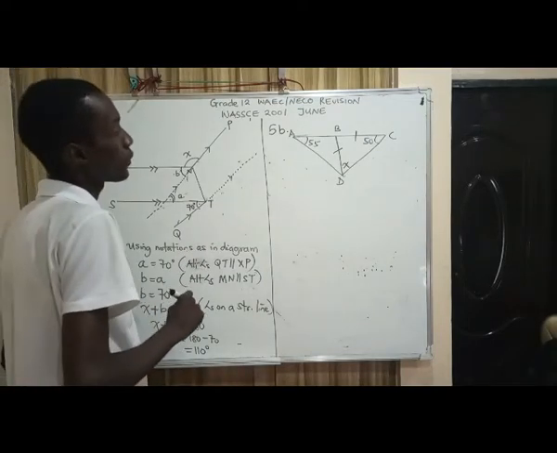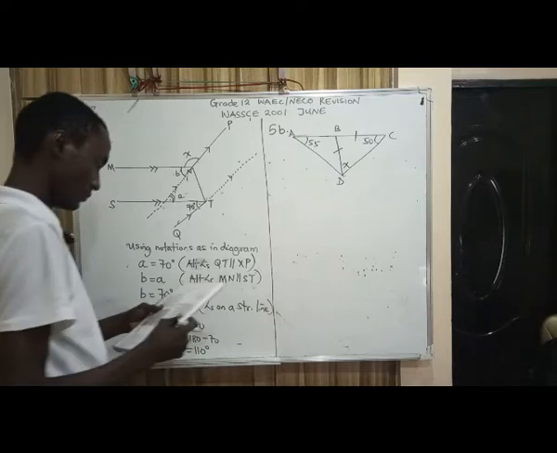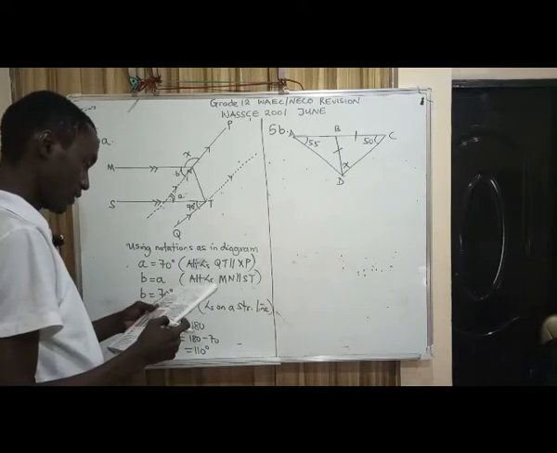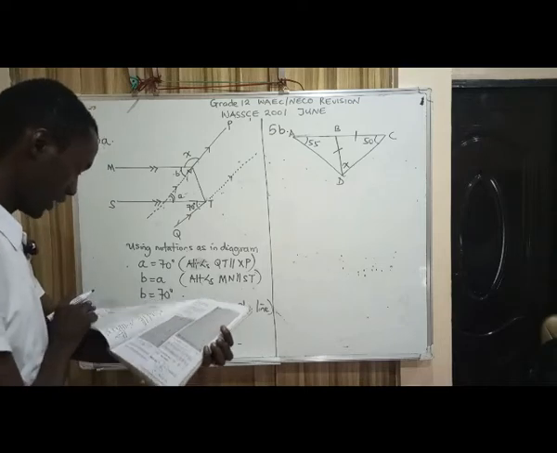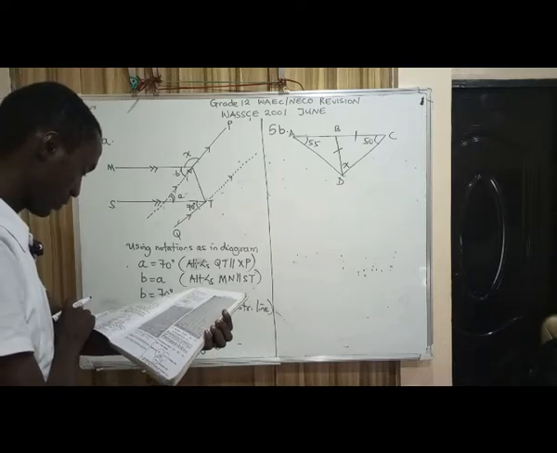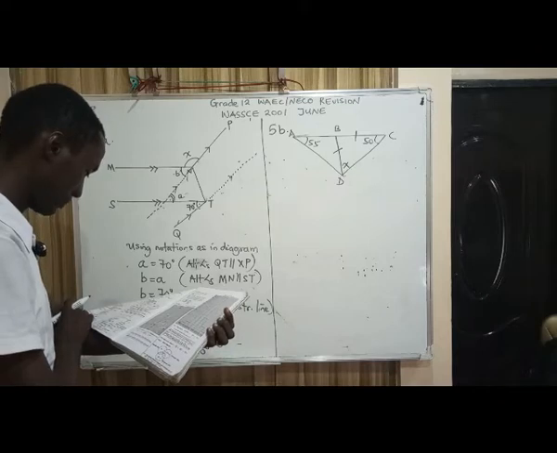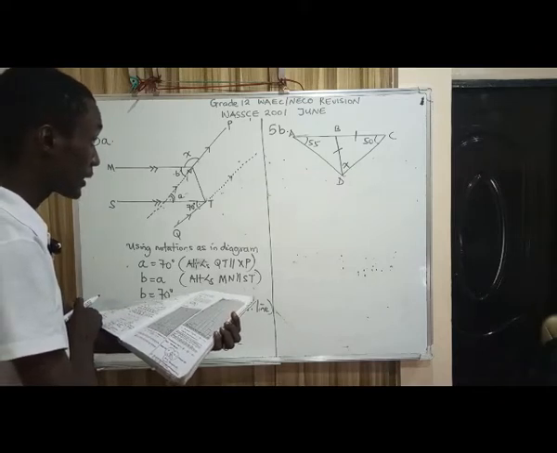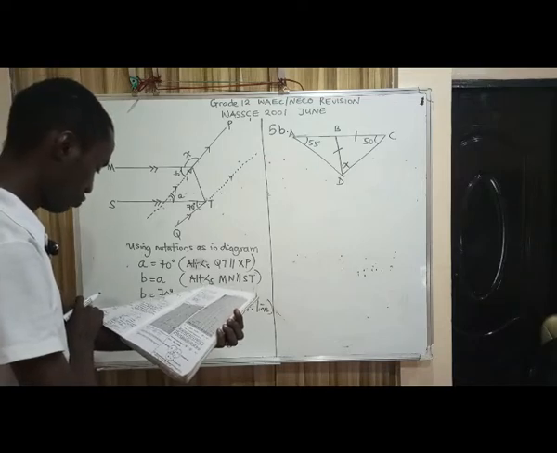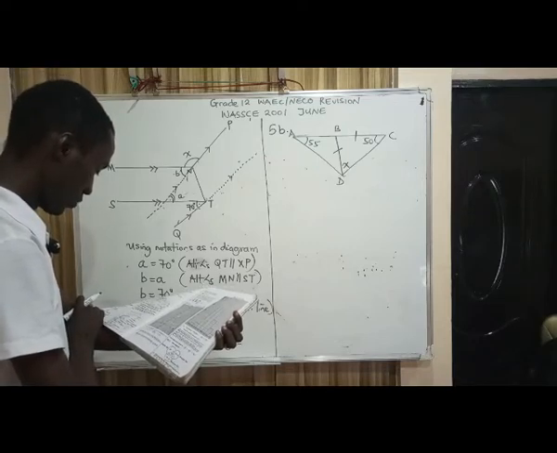So now, if this is what they've given to you, it's a straightforward question. Let me confirm, because the right markings are not there. I need to be sure that what they want us to do is correct.